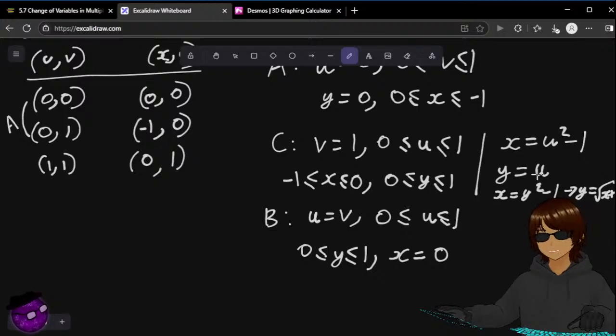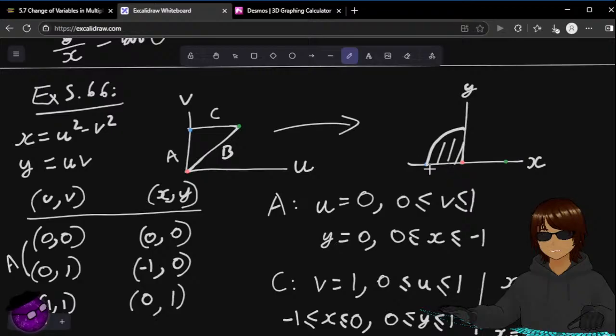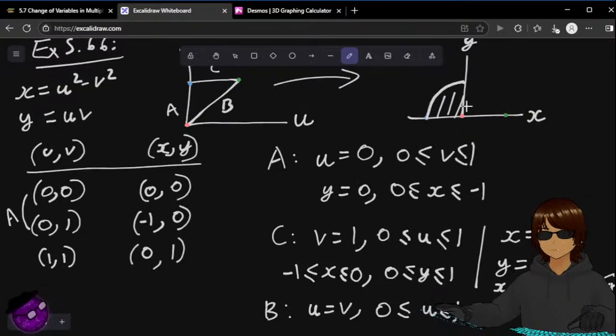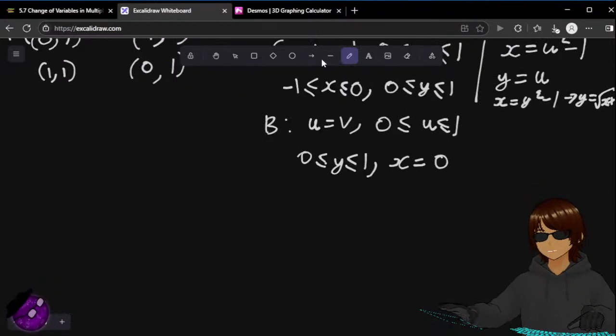This graph follows that. That's how you would explain it.